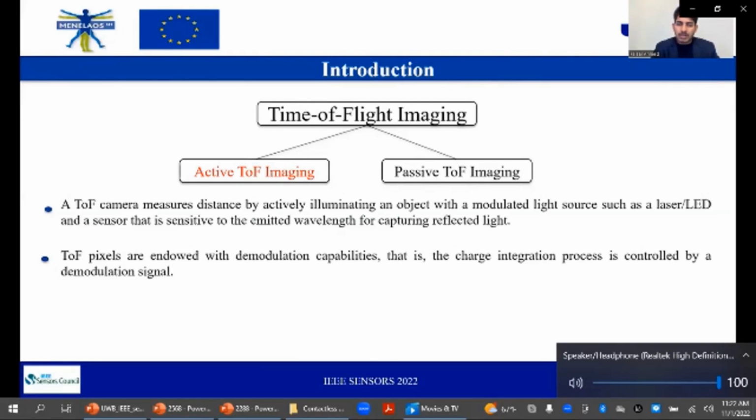And based on that, in active time-of-flight imaging, the source and the ToF camera are closely integrated. There's no space between the ToF camera and the illumination source.